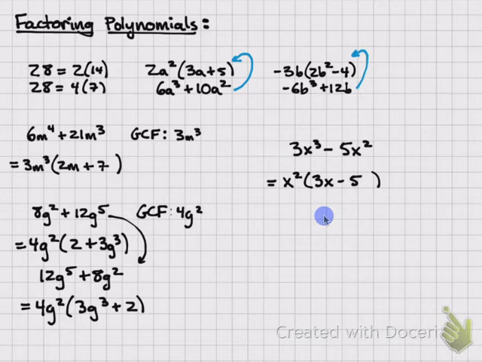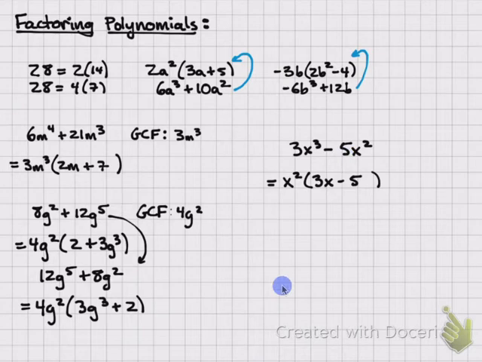And in general, my strategy for finding this greatest common factor, and it's the same strategy I used for this one and for this one, is to start by looking at the coefficients of your terms in question and find their greatest common factor. So the greatest common factor of 6 and 21 was 3. The greatest common factor of 8 and 12 was 4. The greatest common factor of 3 and 5 was 1. And after that, we look to the variables.